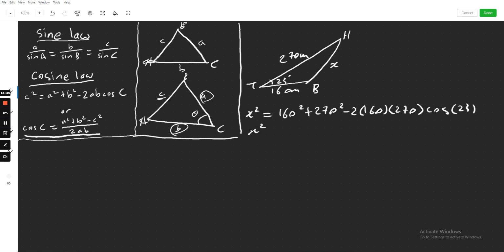When we evaluate this, 160 squared plus 270 squared minus 2 times 160 times 270 times cosine 23 equals about 18968.38 meters.